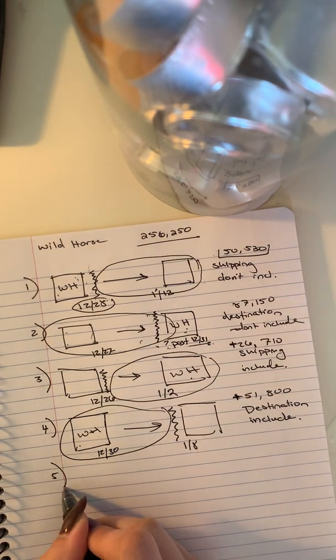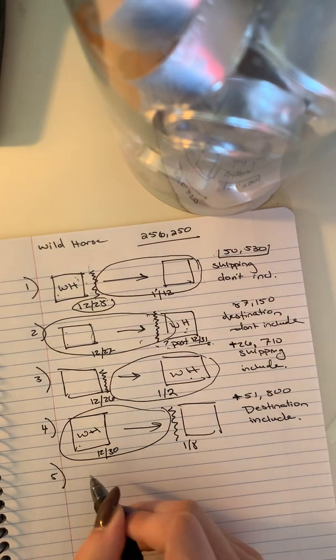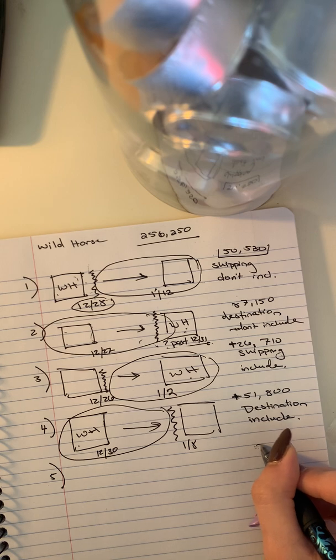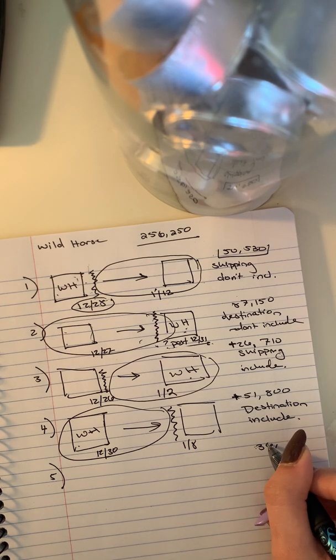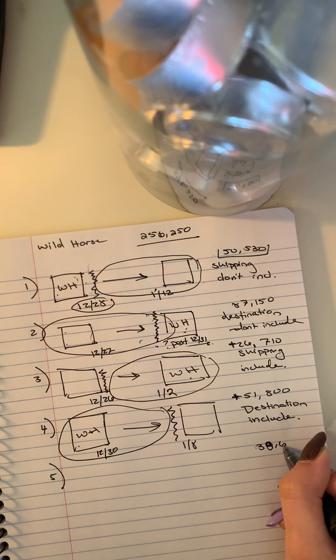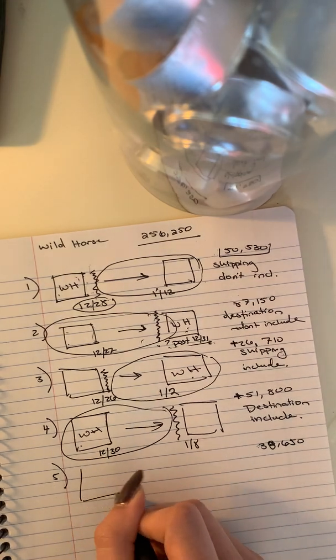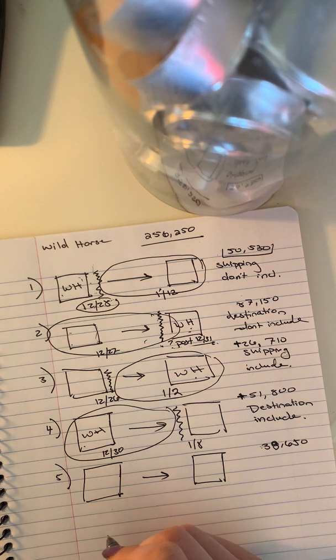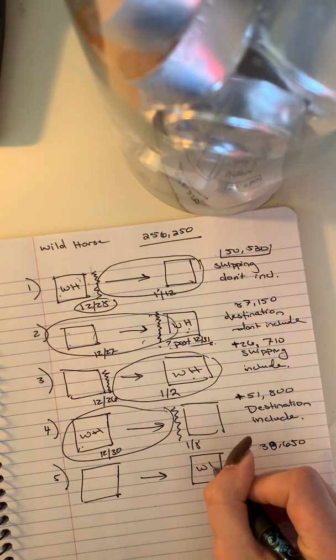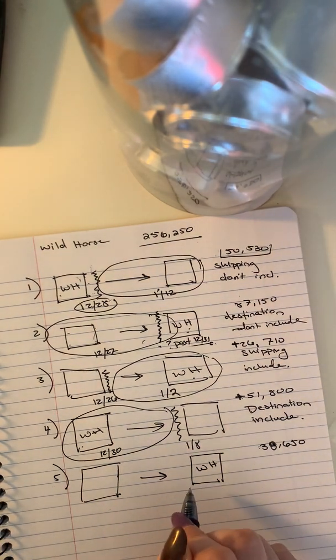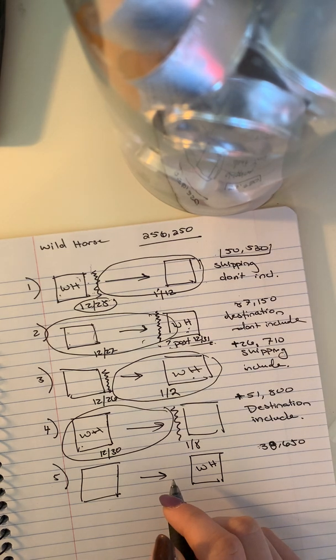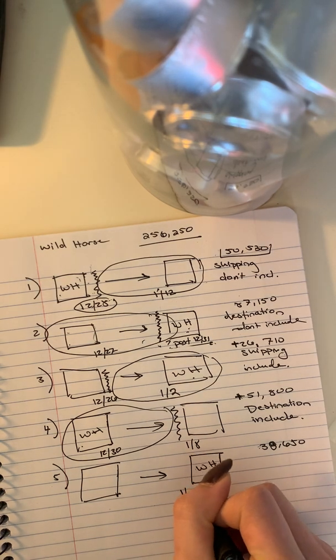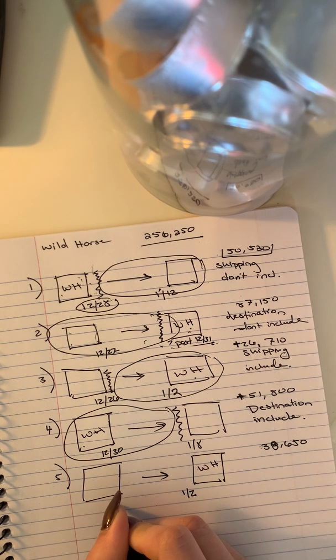Number 5. The total is 38,650. Wild Horse is receiving it, so it's being shipped from somewhere going to them on the 2nd, and they were shipped on the 29th.